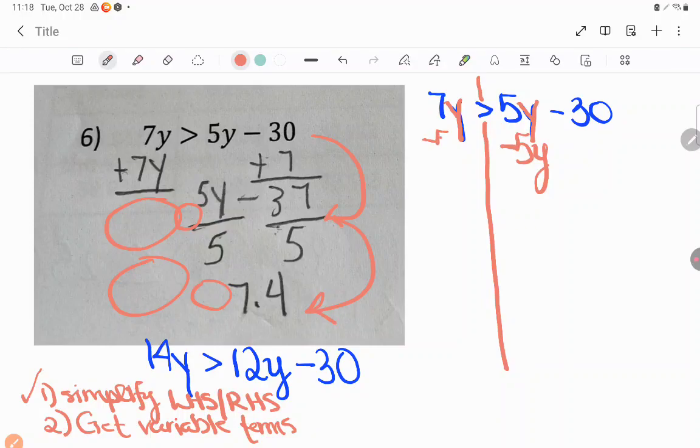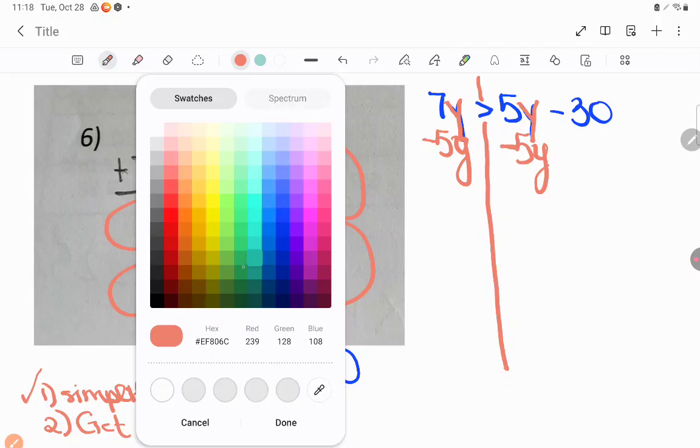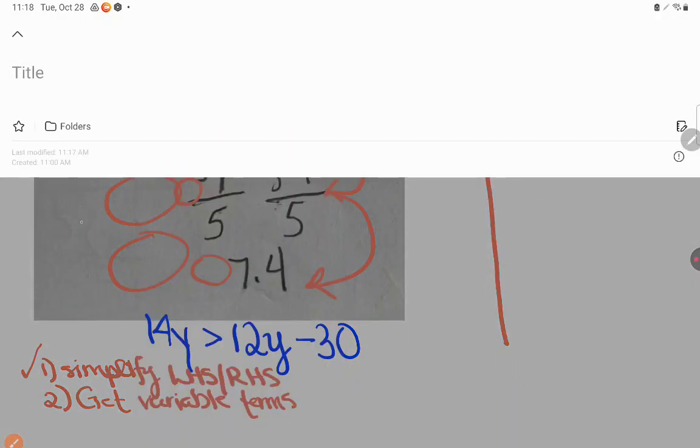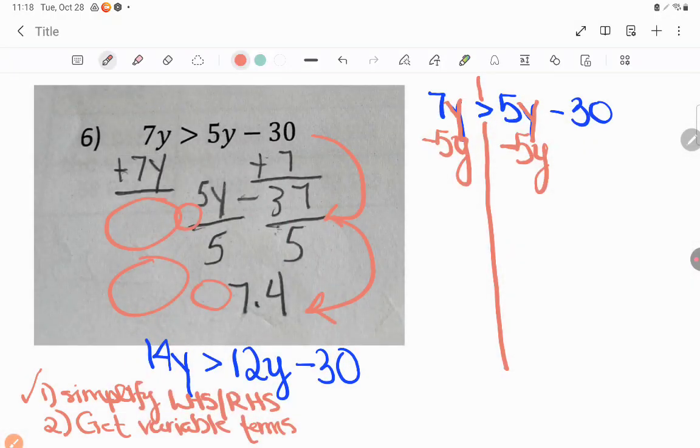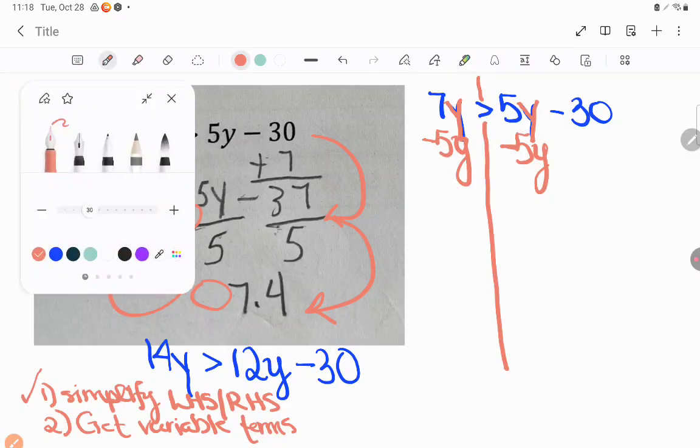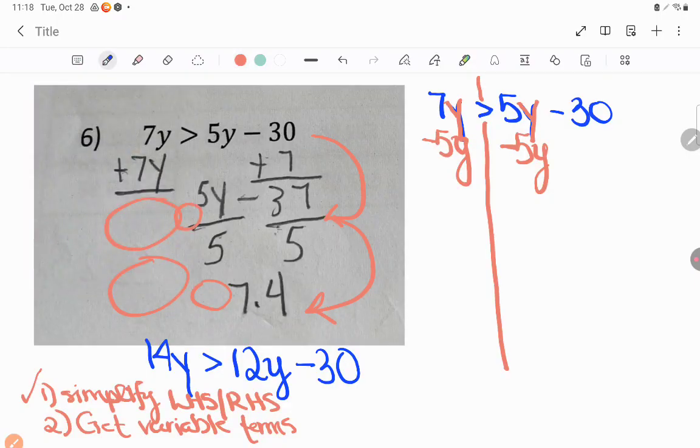And now, of course, I can do the same thing on the other side. Notice that on both sides, I have a minus, I have a 5, and I have a y. Identical. Be able to see that balance change. And we've talked about this before, but I really need you to be really clean with your balance change versus your new inequality, or equation if I was solving equations.